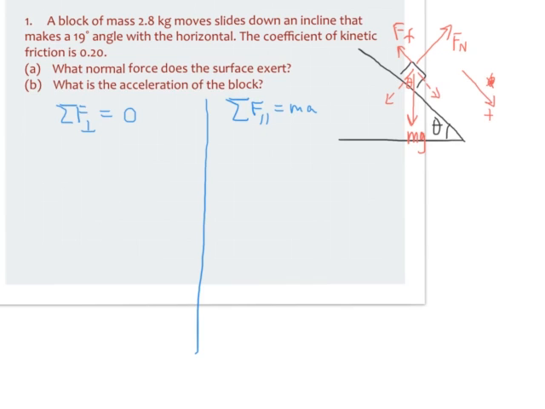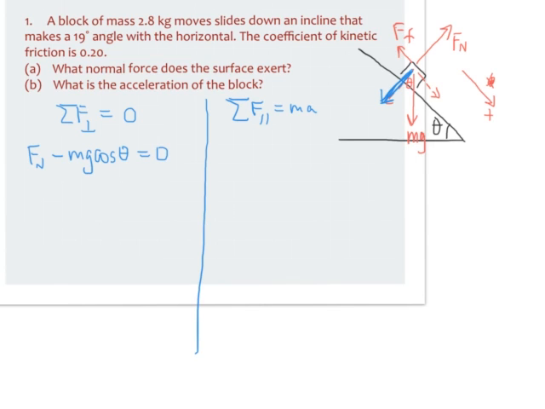So let's start with the perpendicular. We have the normal force that points away from the incline, and we have this component of the weight that is pointing towards the incline. So those two forces will balance: F sub n minus mg cosine of theta has to balance out to 0.